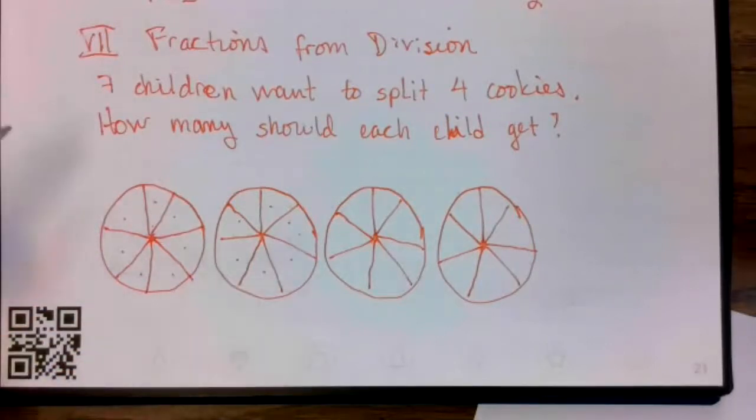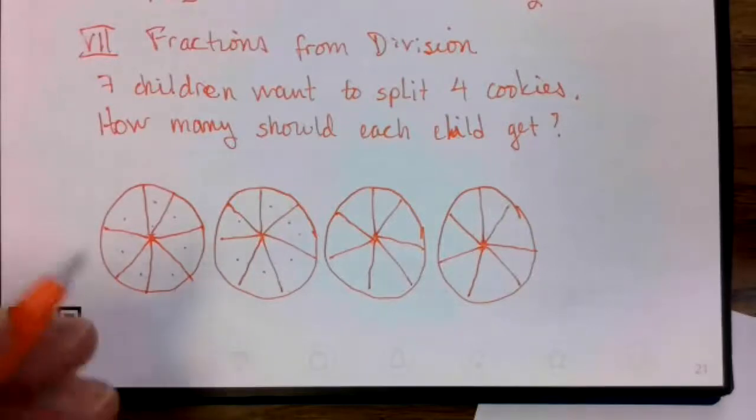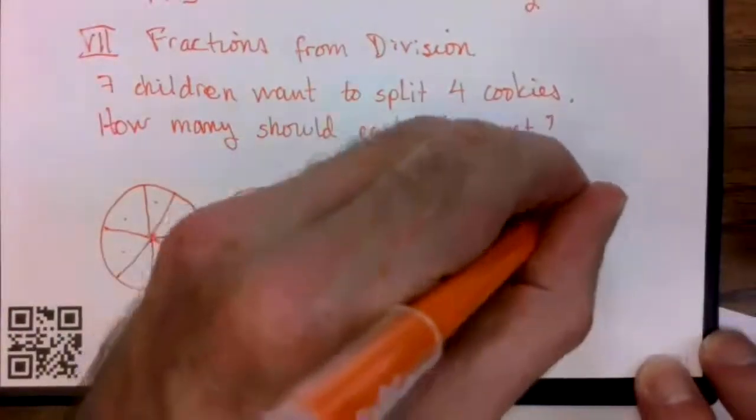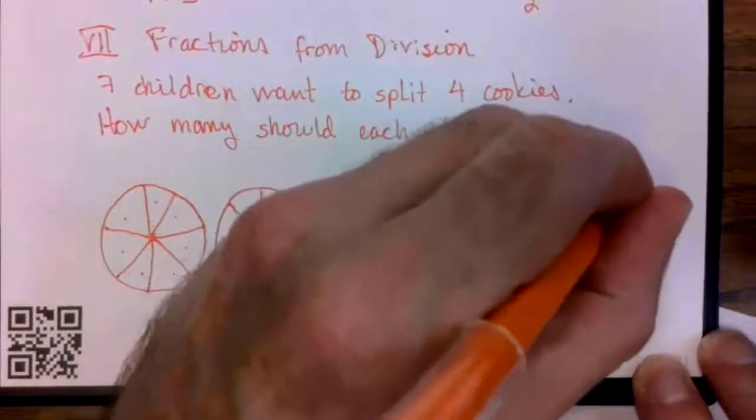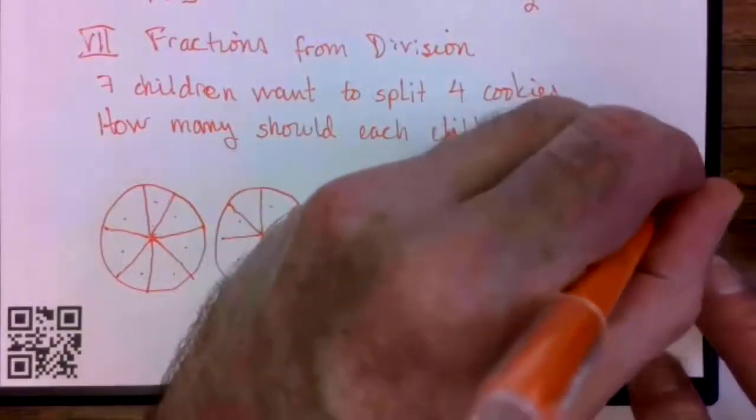That gives me 28 segments. Okay, 4 cookies equals 28 sections.